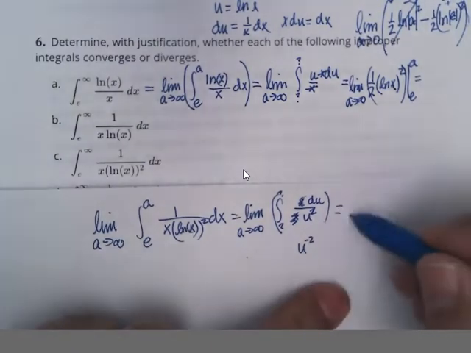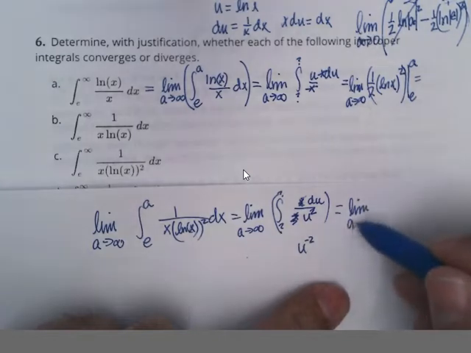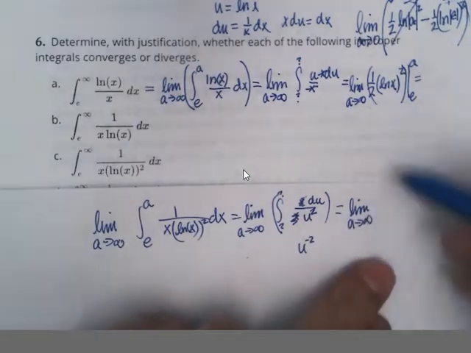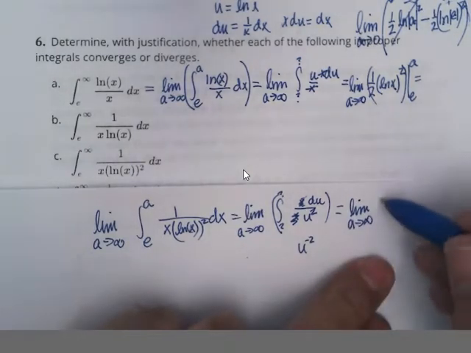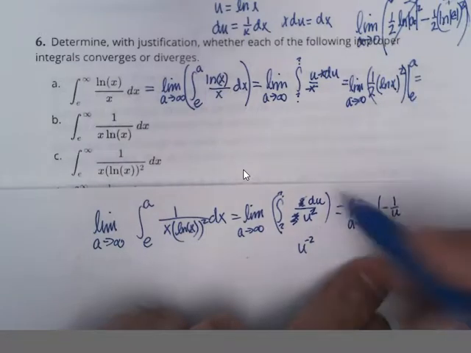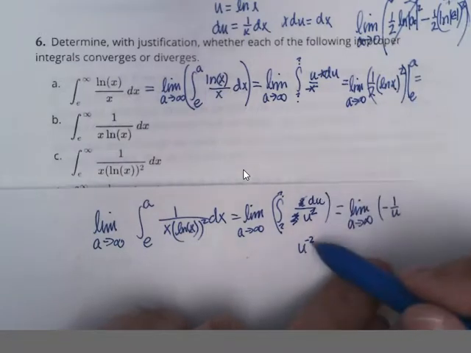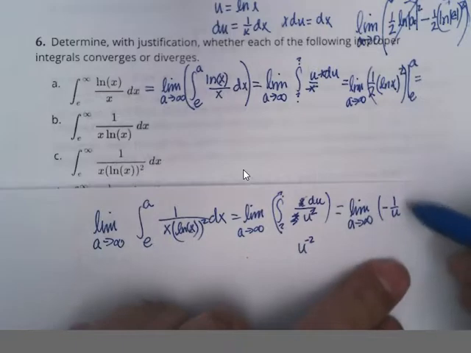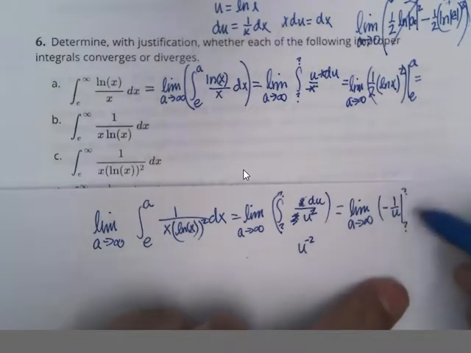So I get the limit as a approaches infinity of minus 1 over u, that's what this integrates to, evaluated from the old limits, because that's u.